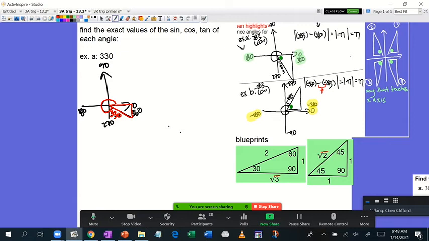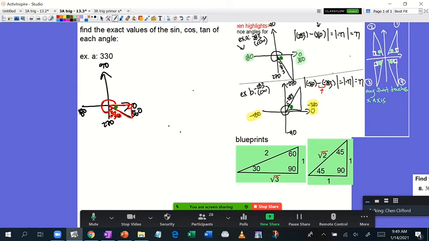Okay, 330, and I'm going to put a green dot right here. So let's solve for that green dot. By the way, this is going to be 90 degrees here, just like these were always 90 degrees here. Now let's solve for that green dot.